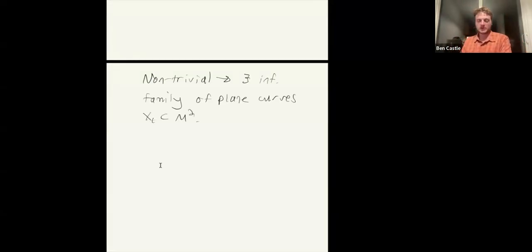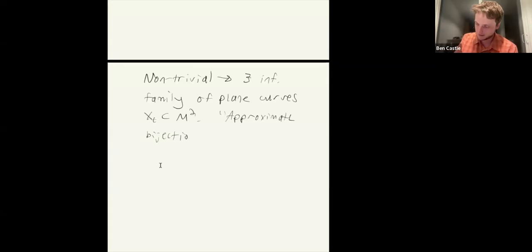Now those are close to being bijections from M to M, but they're not. They're approximate bijections, because instead of a 1-to-1 correspondence, each point goes to finitely many things on the other side. But this is the way we want to think of them: as approximate bijections.